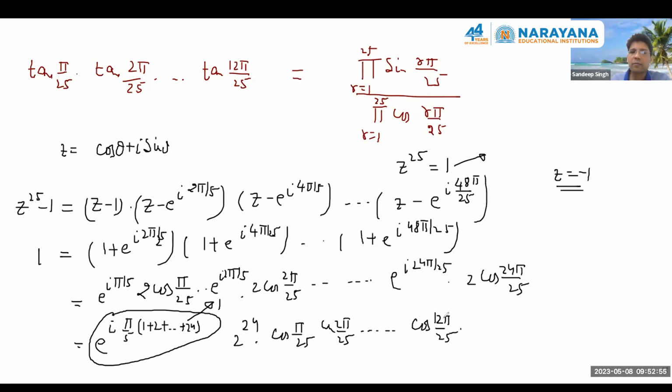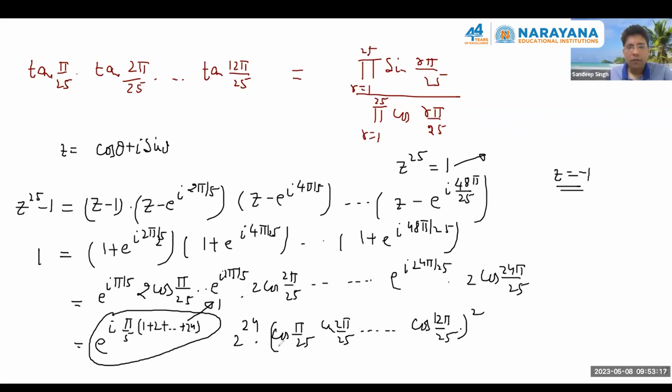That you can convert as minus of cos 12 pi by 25. So all will carry a minus sign in the reverse order. So can I write the square of this, instead of writing cos 13 till cos 24 pi by 25? Is this clear? Please tell me, is it clear? Yes, sir.